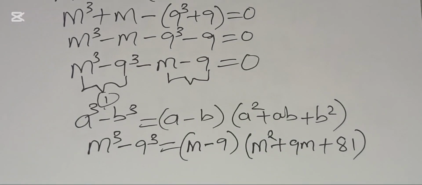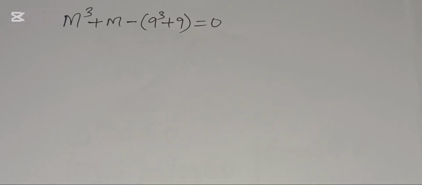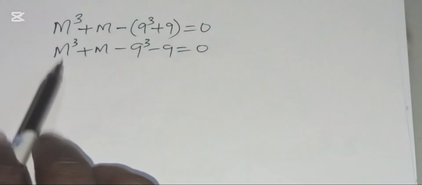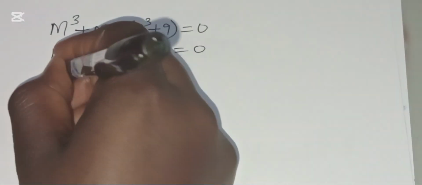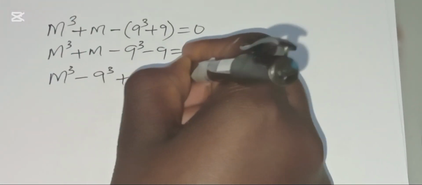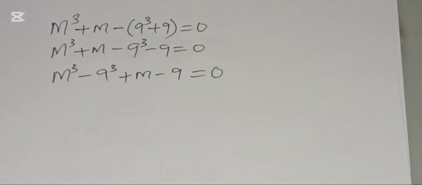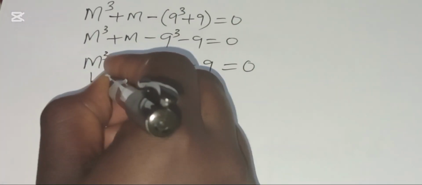So let's proceed. We have m cubed plus m minus 9 cubed plus 9. Let's combine these as m cubed plus m minus 9 cubed subtract 9, equal to 0. So let's combine m cubed and 9 cubed, since they have an exponent of 3. You have m cubed subtract 9 cubed, plus m minus 9, equal to 0. Now we have two parts.